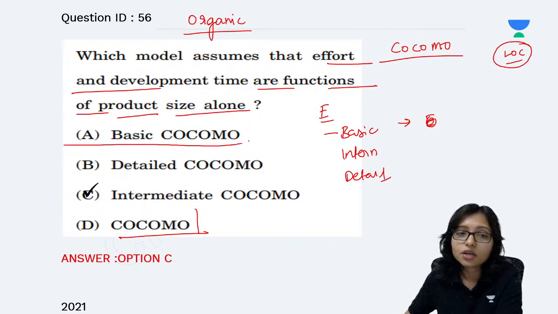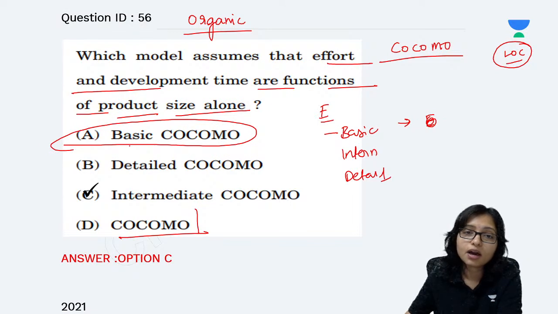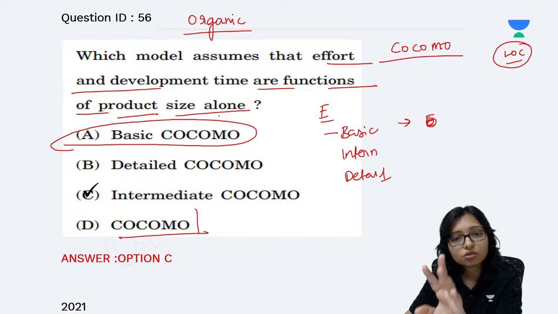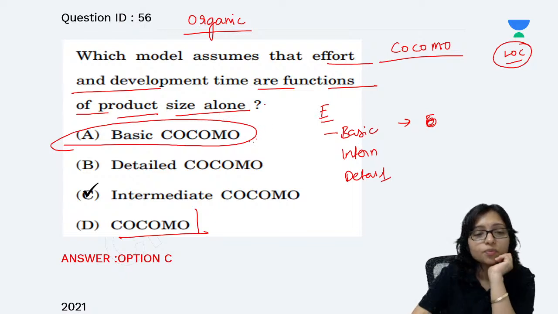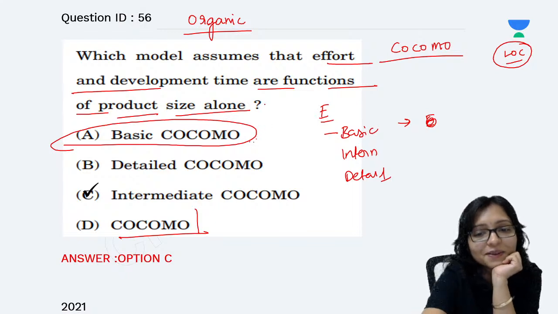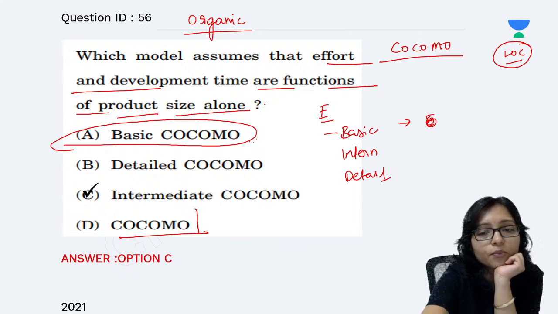That's why our answer should definitely be basic COCOMO. Effort and development time are functions of size alone, so as per me also, basic COCOMO should be the answer, because intermediate focuses on some extra factors, but basic COCOMO does not.